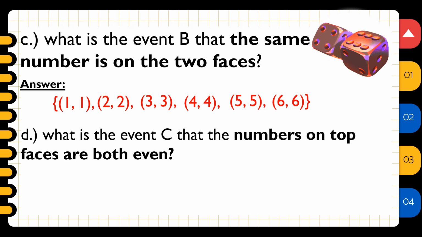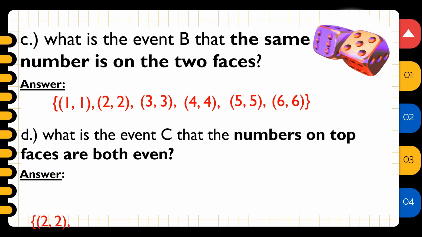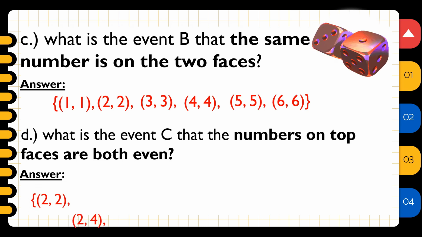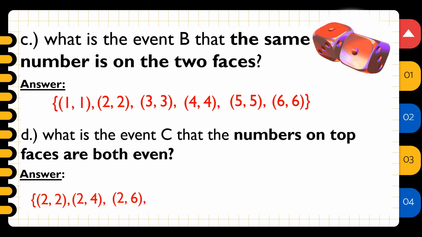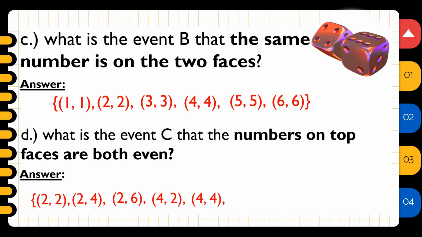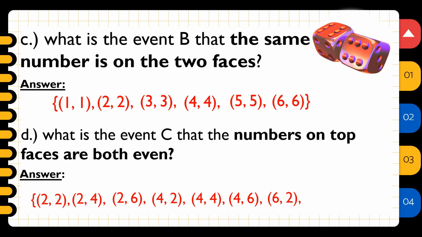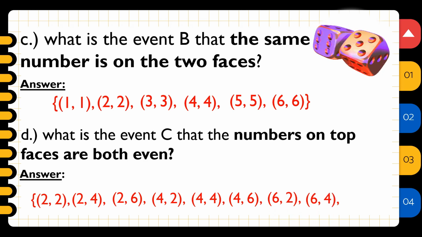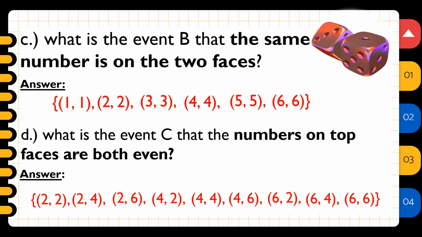Therefore, the numbers on top faces are both even. We will have 2 and 2, 2 and 4, 2 and 6, 4 and 2, 4 and 4, 4 and 6, 6 and 2, 6 and 4, and your 6 and 6.